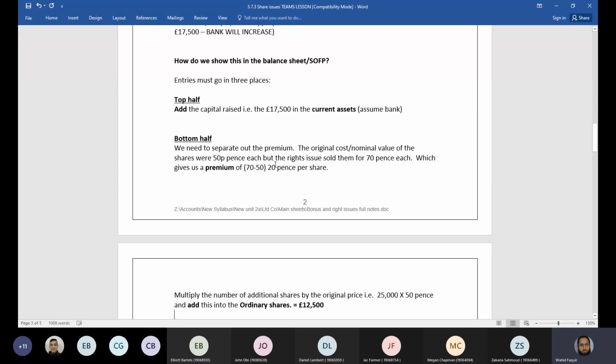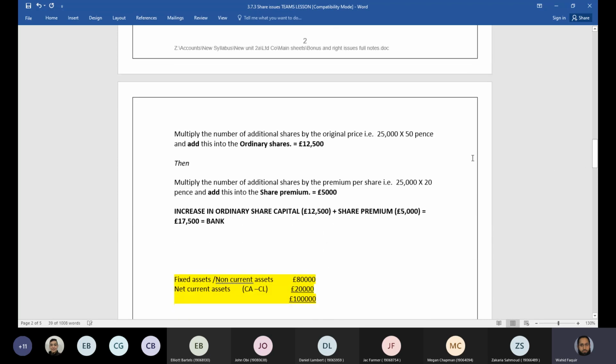The bottom half, we've said it's going to be split between the premium and the ordinary share capital. We've done the explanation there. We've already done the figures, so that's easy to understand. We've split it between share premium 5,000, 12,500 for ordinary shares. Maths is very easy. Just remember though, ordinary share capital is restricted to the nominal value. Anything above the nominal value, 20p in this case, is shown in the share premium.